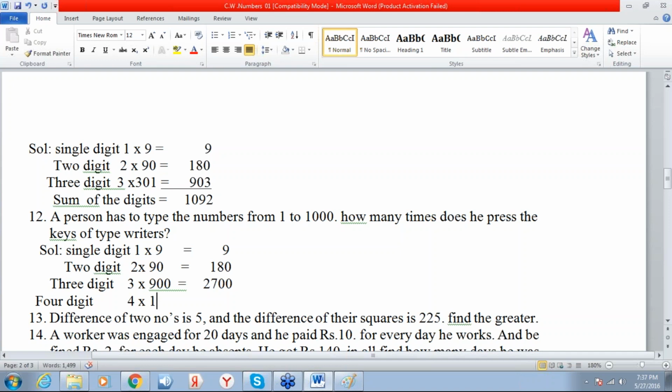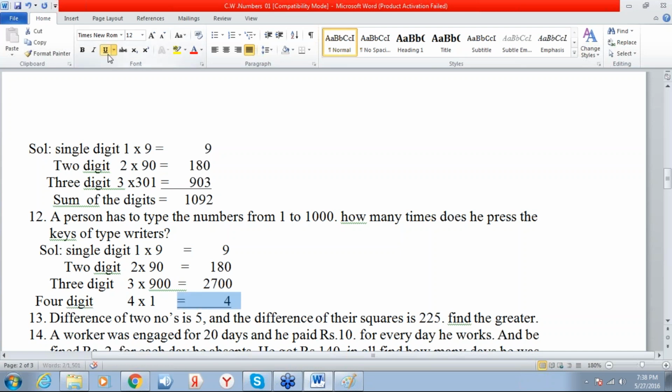Only one. 1000 is the least four-digit number. Okay, only one. 4 into 1 is 4 digits. Right.